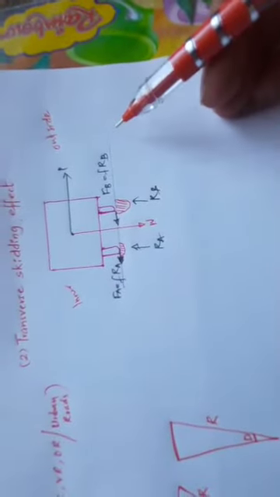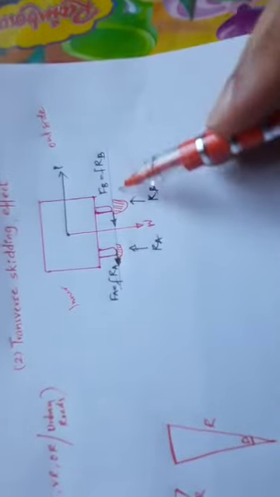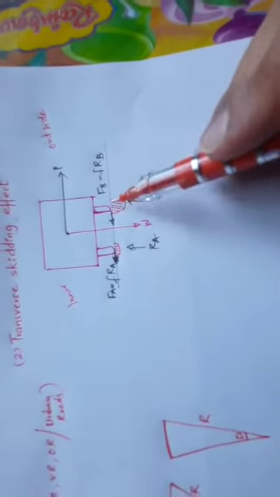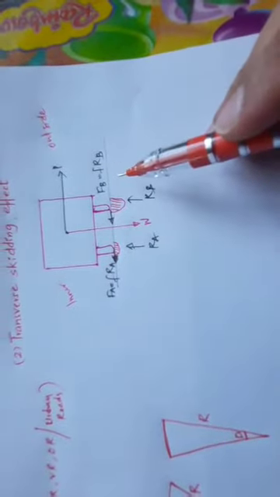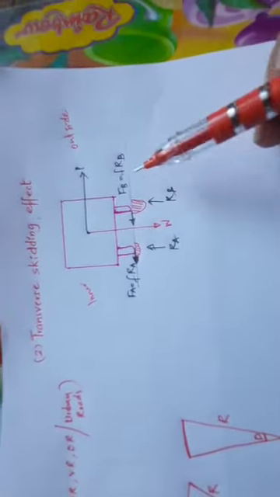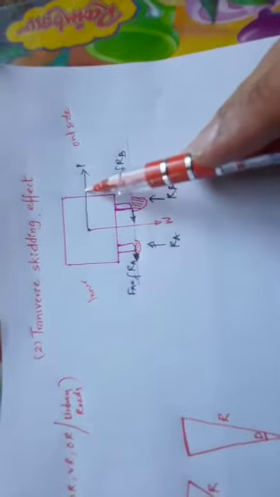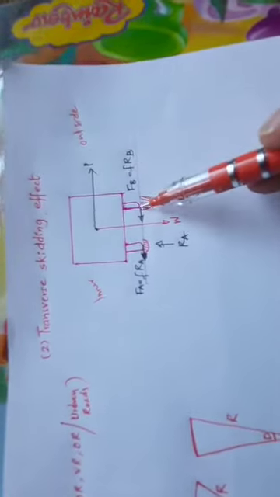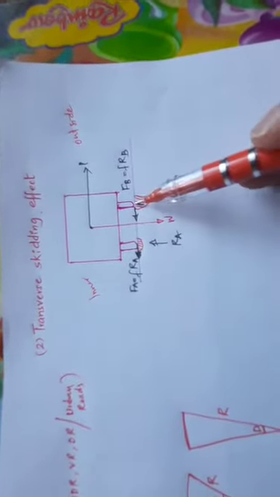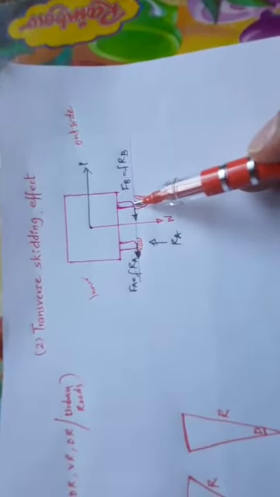Whatever the centrifugal force is developed, it has a tendency to push the vehicle outwards in the same transverse direction. The force developed under this condition is what it shows here. So the centrifugal force is applying outside. To counter that, frictional forces are developed at the wheels.